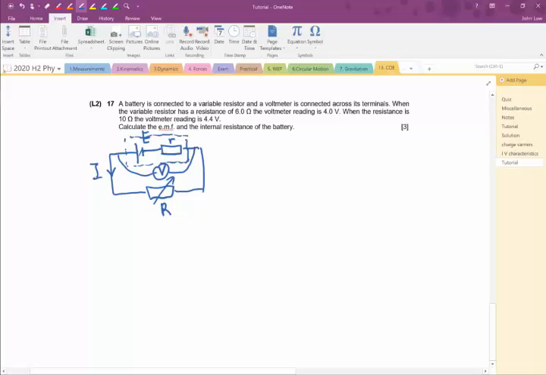Okay, when the variable resistor has a value of 6 ohm, the voltmeter reading represented by V is equal to 4.0, and when the resistor has a value of 10 ohm, the voltmeter reads 4.4 volts.